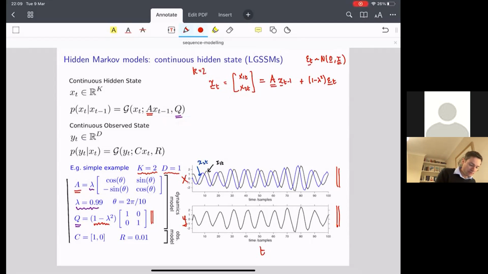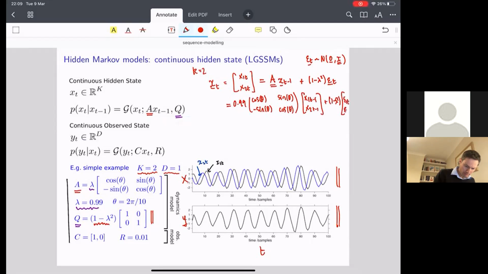So this is an alternative way of writing these things. And let's just actually substitute in for the value of A in this case. This is 0.99 times cos of theta, minus sine of theta, sine of theta, cos of theta. And then this thing is a vector, x1t minus 1, x2t minus 1, plus 1 minus lambda squared times epsilon 1t, epsilon 2t, let's just make everything in component form.